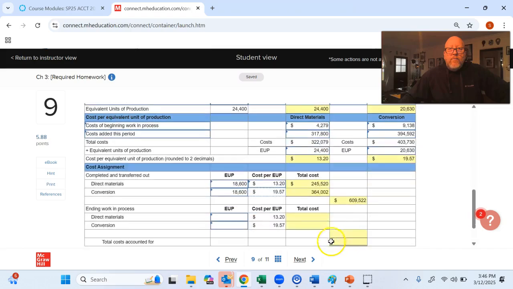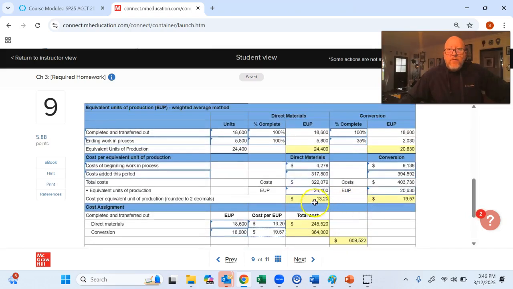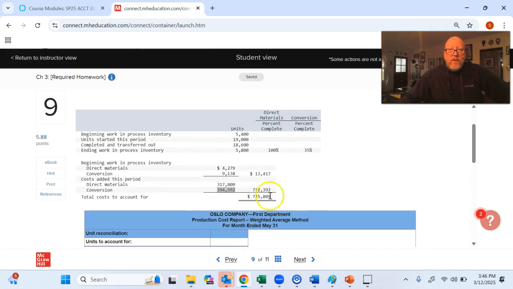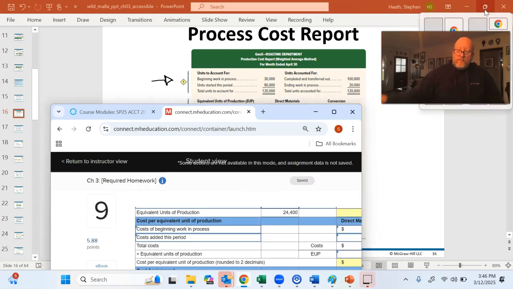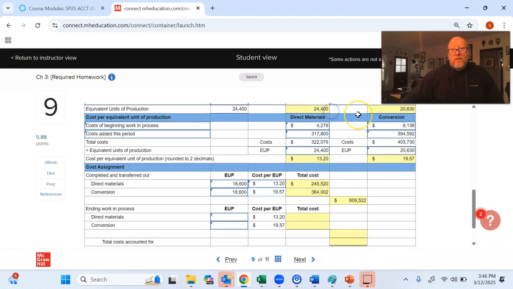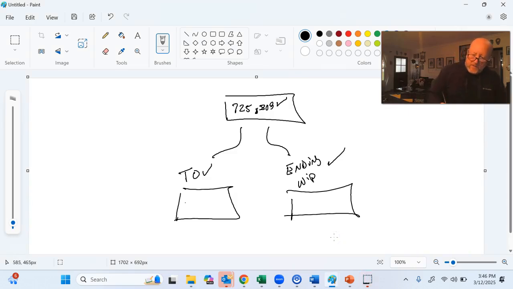So now we've determined that of the $725,809, we are saying we've assigned 609,522 to the completed and transferred out bucket. So I'm just going to write that down. 609,522.